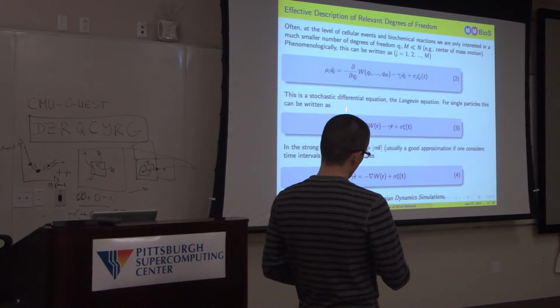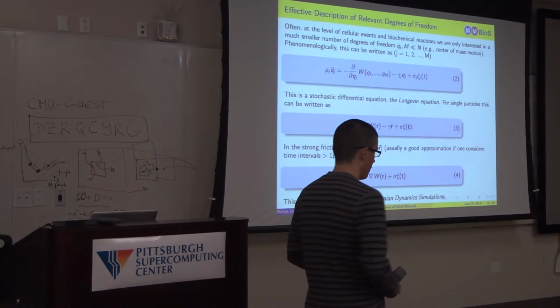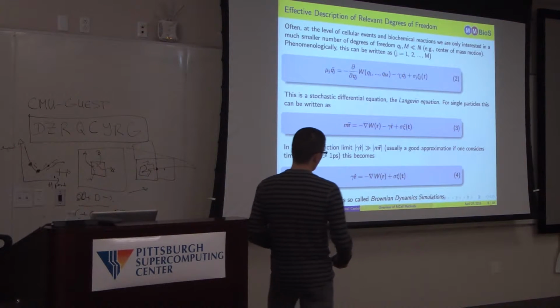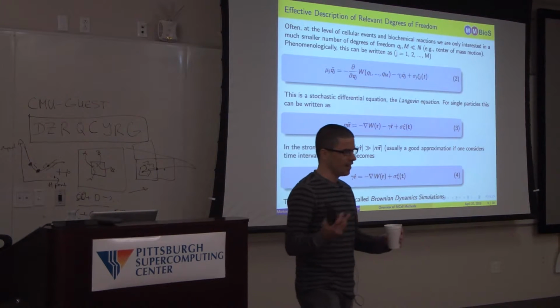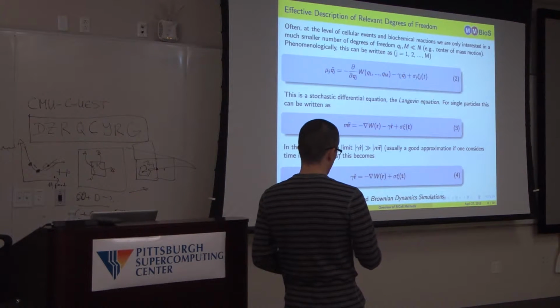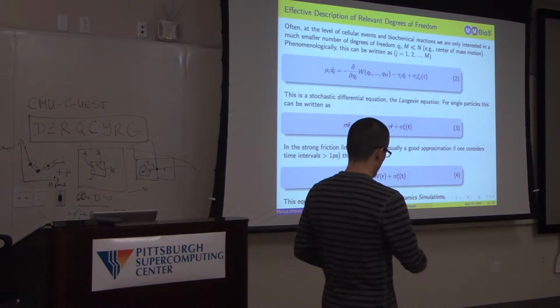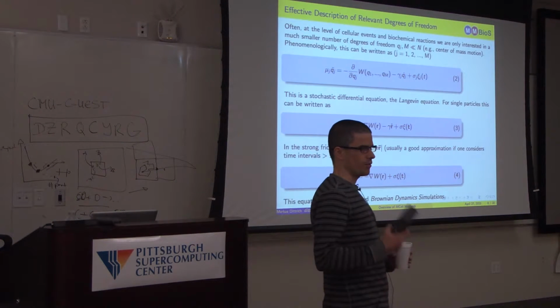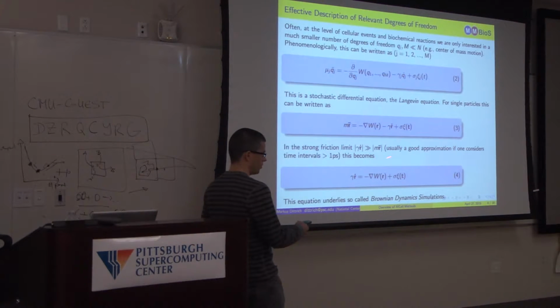This equation is actually quite famous. It's called the Langevin equation. It underlies a lot of different simulation approaches. This is just the one-dimensional example of that. And in our case, when we want to simulate cell-level systems, we're typically in what's called a strong friction limit, namely that these frictional forces due to the viscosity of the system are much larger than your inertial forces.